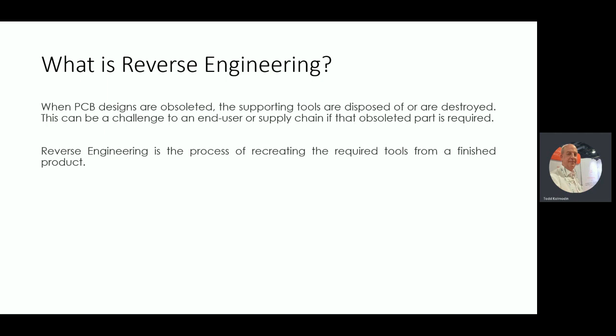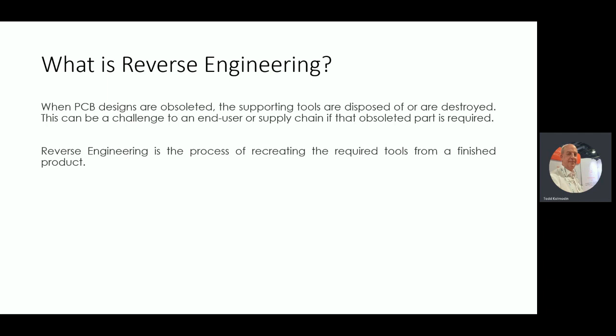So what happens is some of these old photo tools disappear, and somehow we want to make sure or have an ability to be able to bring these back. So reverse engineering is a process of recreating the required tools from a finished product.